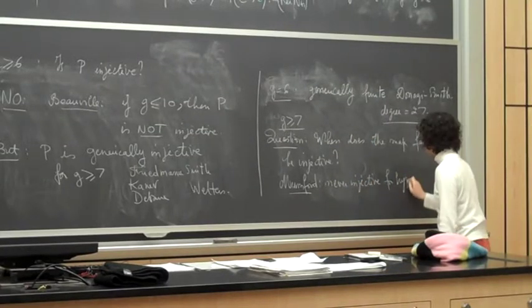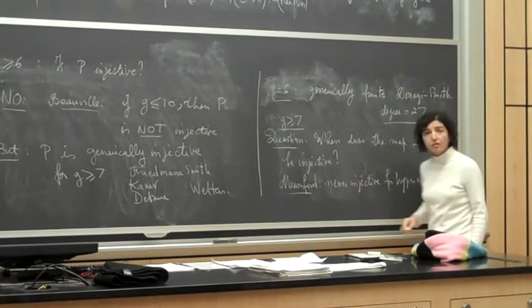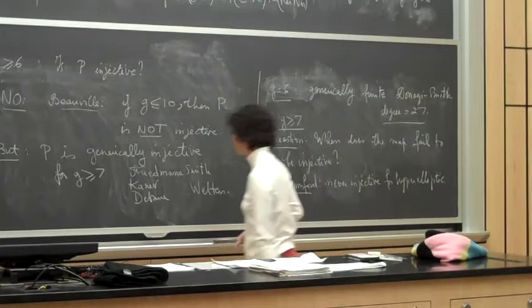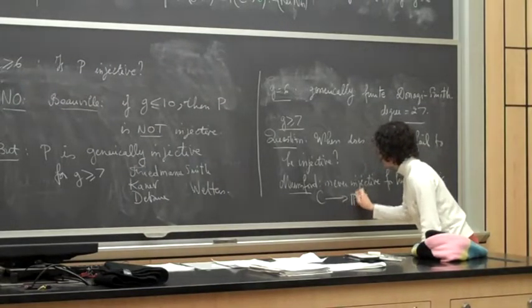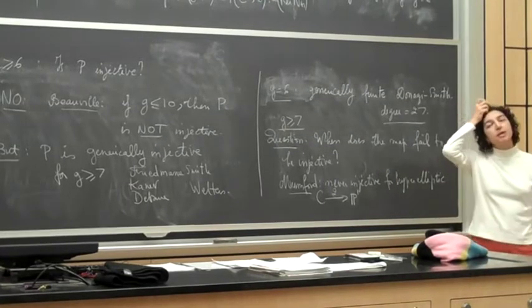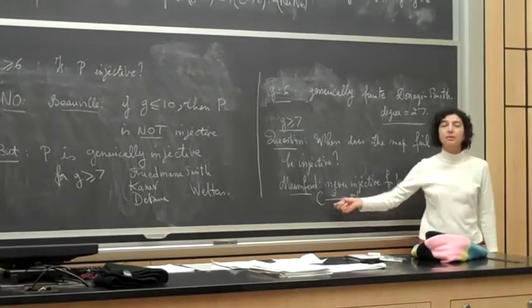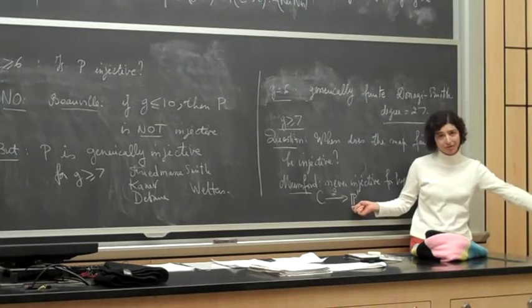A hyperelliptic curve is a curve with a map of degree 2 to P1. These are very special curves, and if you compute the Prym variety of a hyperelliptic curve, it turns out that it's actually the Jacobian of another hyperelliptic curve.